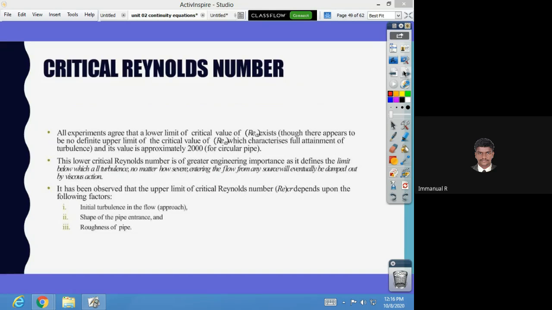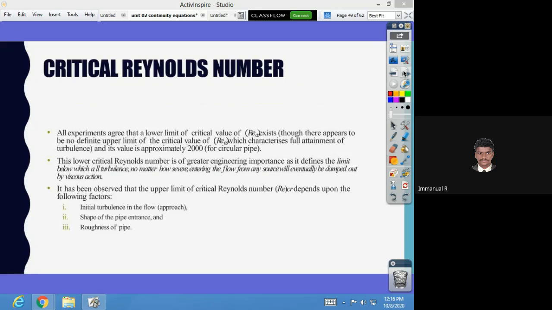Critical Reynolds number. In unit 4, when I deal with dimensional analysis, I will explain what Reynolds number is, so kindly go through that. All experiments agree that a lower limit of the critical value exists. There appears to be no definite upper limit of the critical Reynolds number for full attainment of turbulence, and its value is approximately 2000 for a circular pipe.